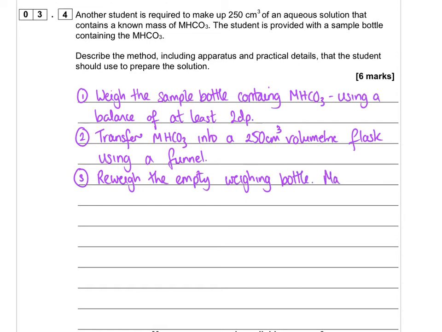And then the mass of MHCO3 is going to equal the initial mass minus the final mass.